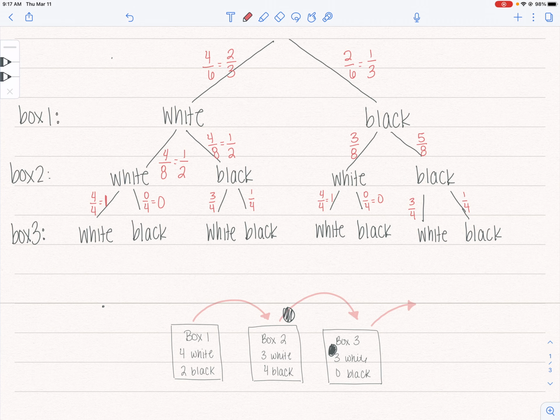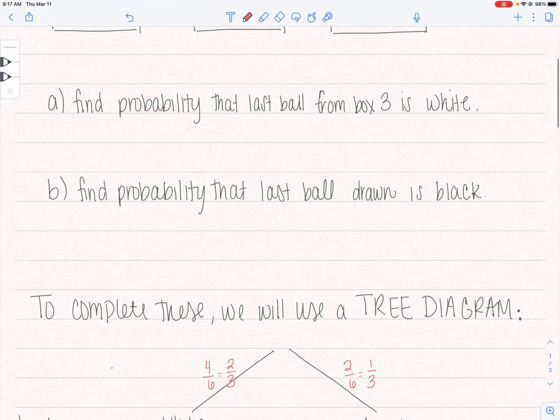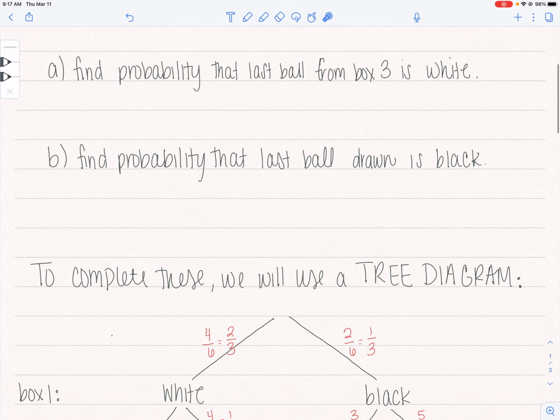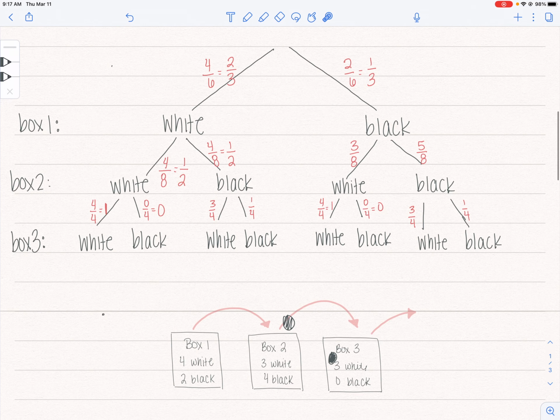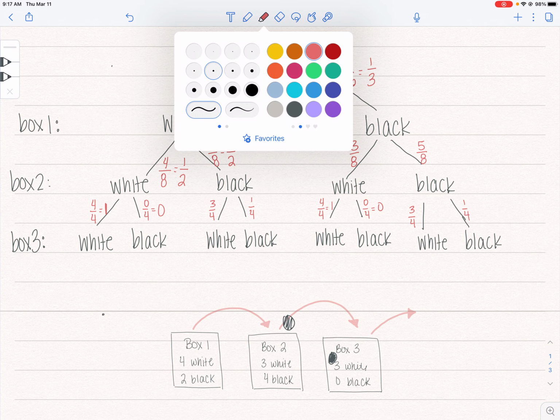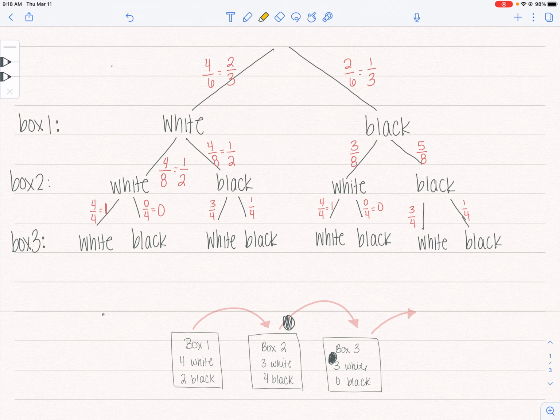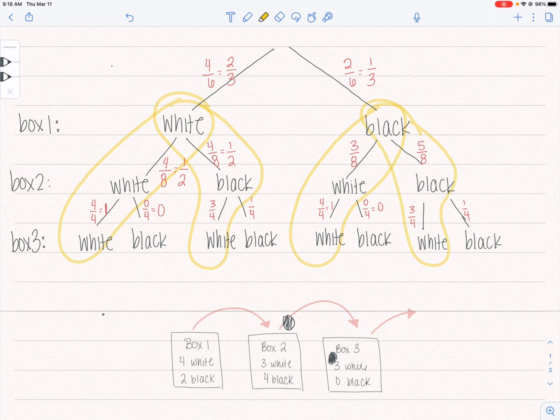It's a lot of stuff happening. Now the question said, let's go back up to the top, find the probability that the last ball from box 3 is white. So let's look at my factor tree. The probability that the last ball is white is going to come from this tree, this tree, this tree, or that tree.